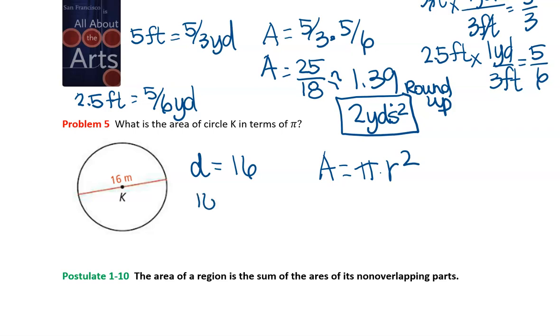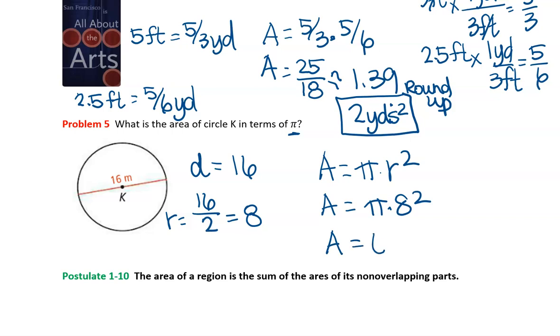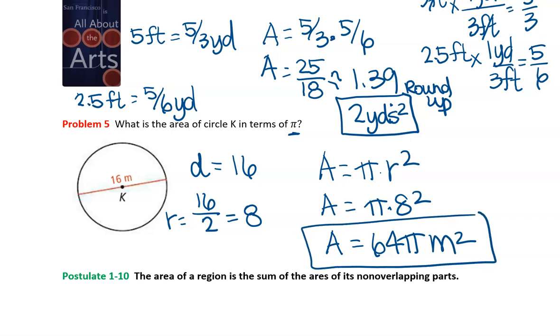I'm going to take 16 and divide it by 2, which is 8. So putting that into our formula, pi times 8 squared. When they say in terms of pi, leave the pi in your answer. So we get 64 pi meters squared since it is area. The two things I'm looking for are, do you have the numbers plugged into the formula, and do you have your answer in the terms that they wanted?